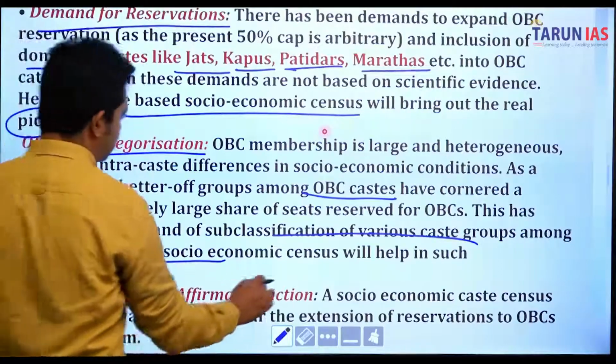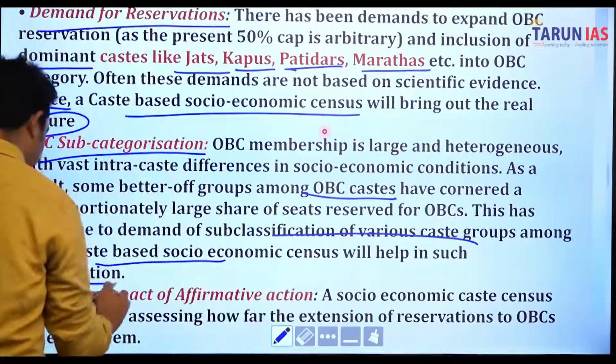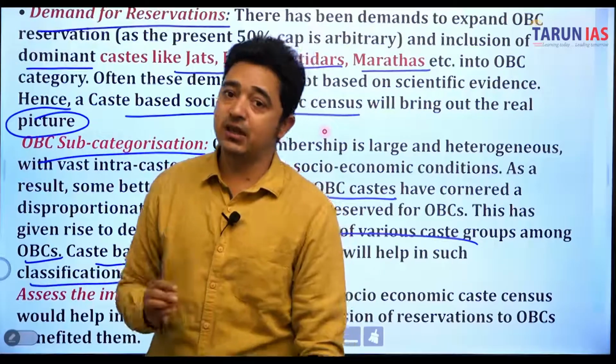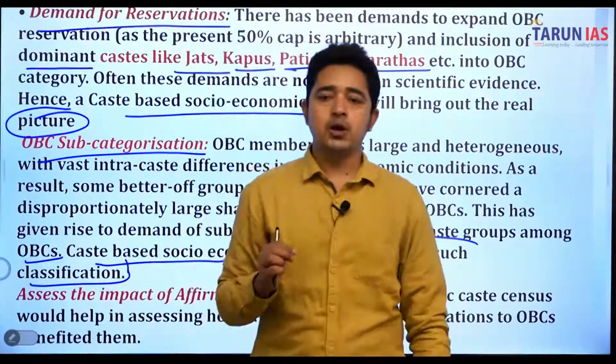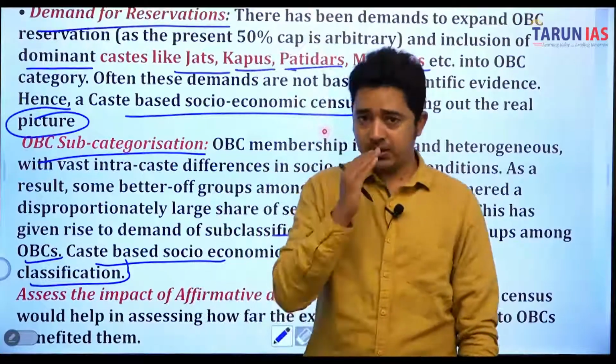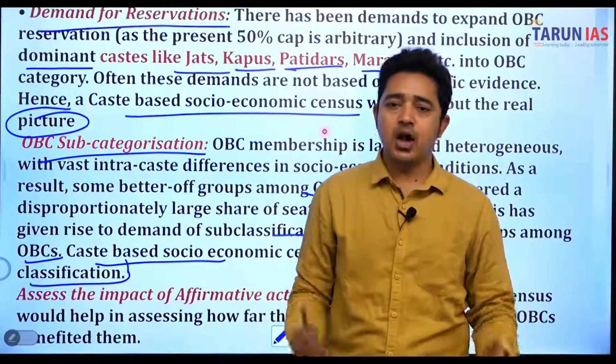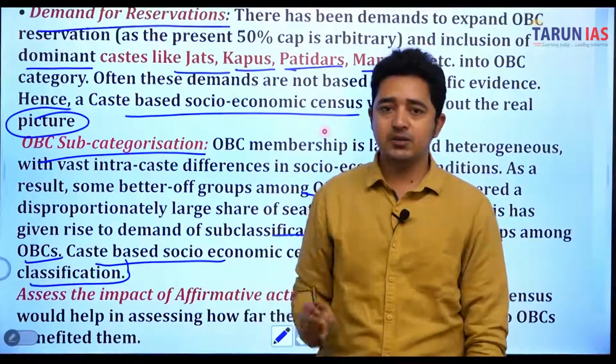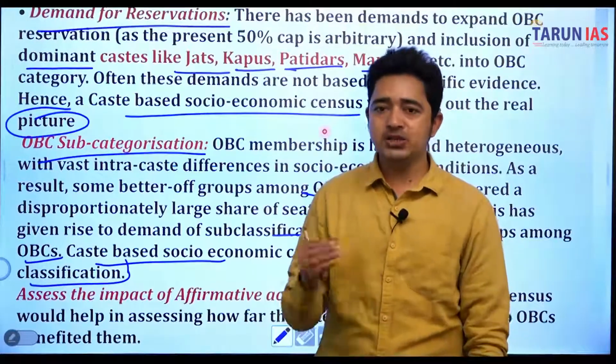A caste-based socio-economic census will help in such classification, because if the government wants to reach welfare schemes to particular groups of people of a particular caste, how is it possible without the data? Unless we have data, we cannot reach them.